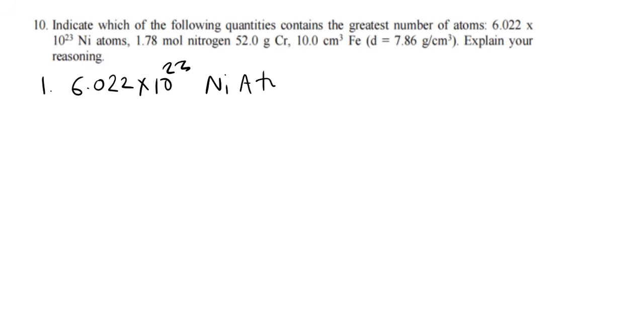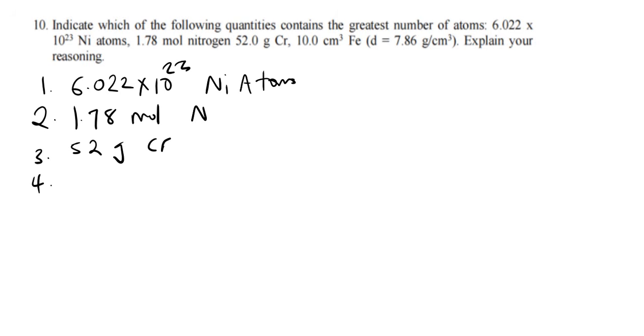Atoms. Okay. Then we come to, I think that's nickel. Then we come to the second one, it is 1.78 moles of nitrogen. Okay. Then the third one is 52 grams of chromium.